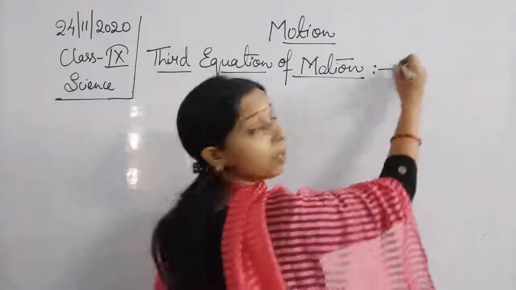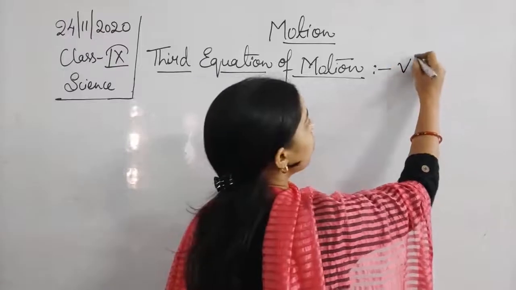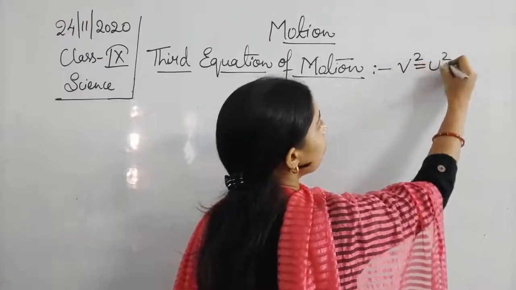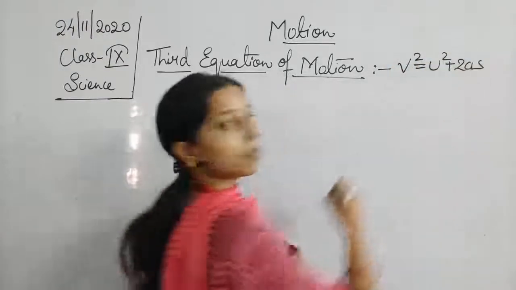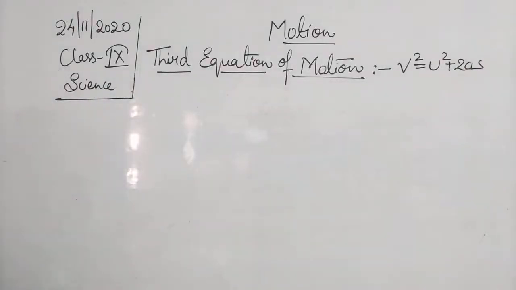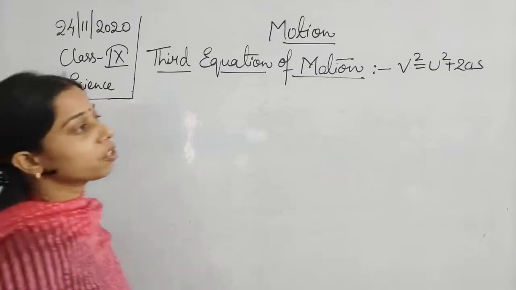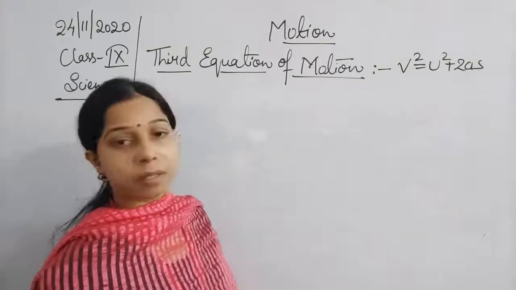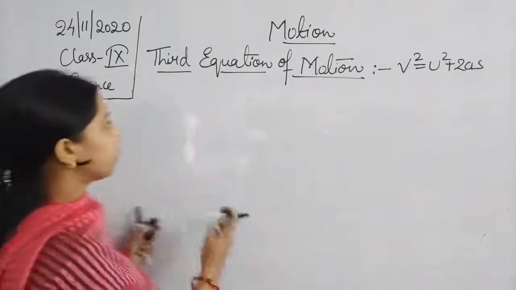That is v squared = u squared + 2as. This is the third equation of motion. Now let us start with this: it gives the velocity acquired by your body which is traveling a certain distance s.